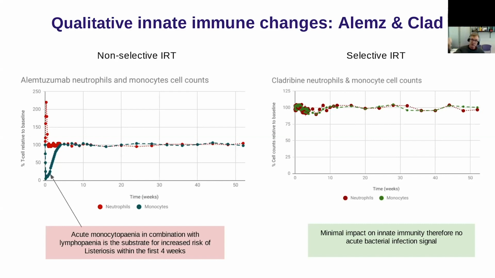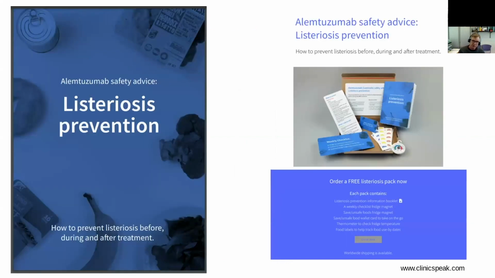I did mention to you in the beginning of this presentation that when you've got a lymphopenia with a monocytopenia, it puts you at risk of other infections, particularly bacterial infections, fungal infections, and opportunistic infections. We haven't seen that profile of infections with cladribine, whereas we see that profile with alemtuzumab, which is why we have to do things like listeria prophylaxis.